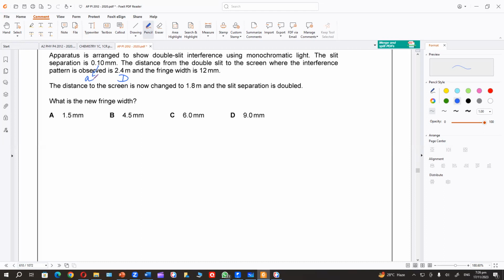What is the new fringe width? Even though fringe width is not exactly the value of x, I can take it as x for the assumption, center to center. I can say this is my a1, this is my D1, this is my x1. This is 1.8, this is my D2, and the slit separation is double. Slit separation was 0.1, now it is 0.2. This is x2.